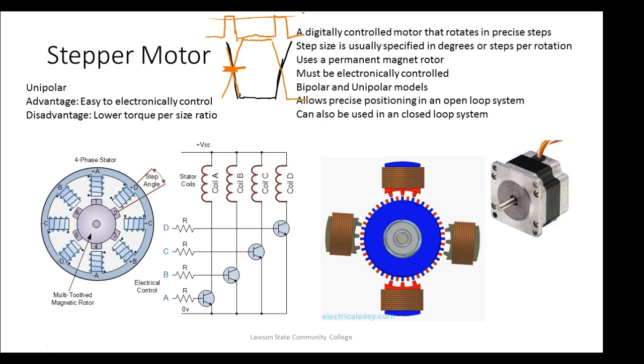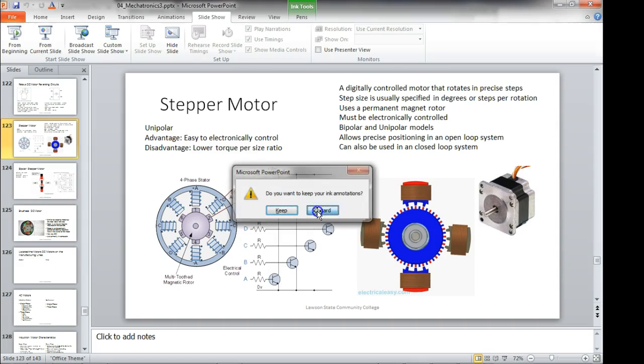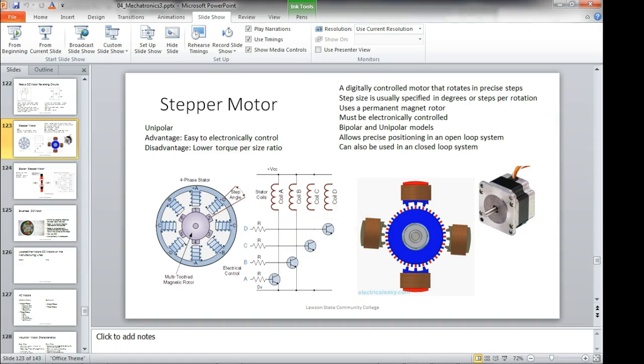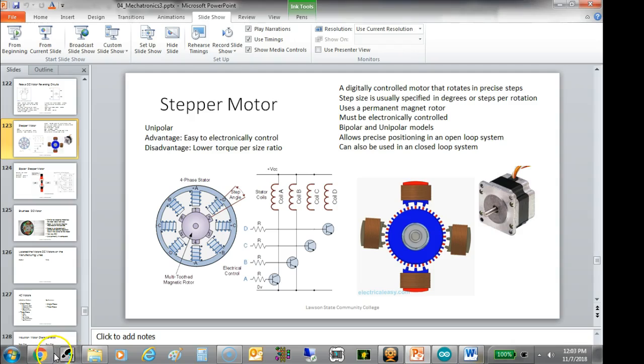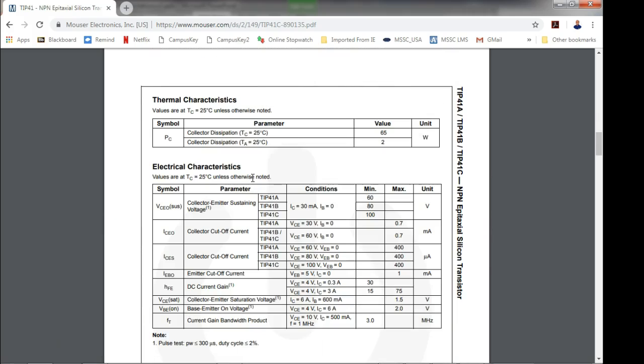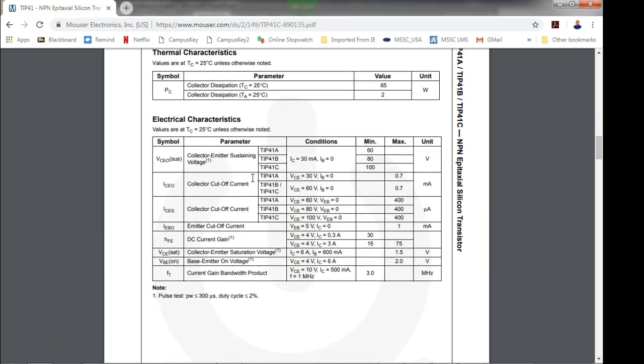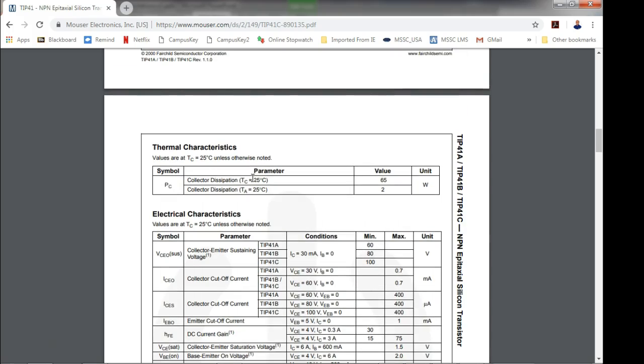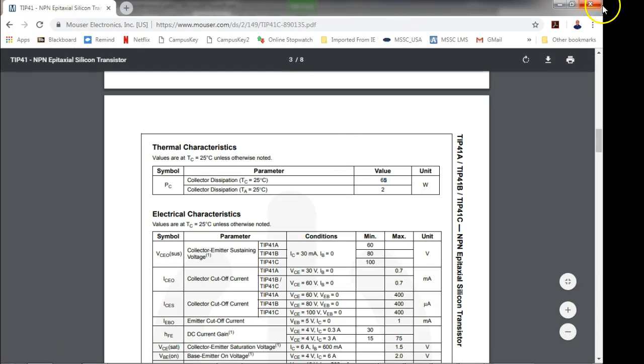I could control a real big motor with this guy. This guy right here could dissipate 65 watts of power. That's pretty good, right? 65 watts, without getting into problems. If we go over that, we might burn it up.